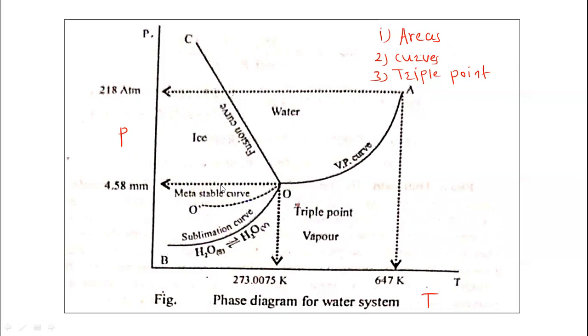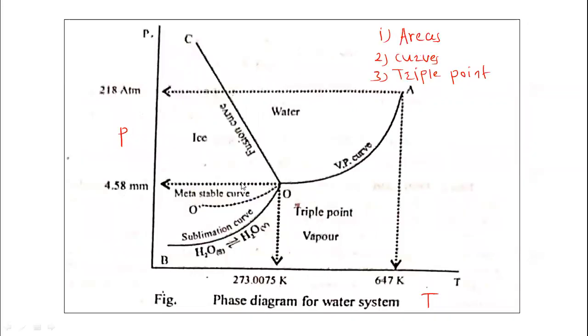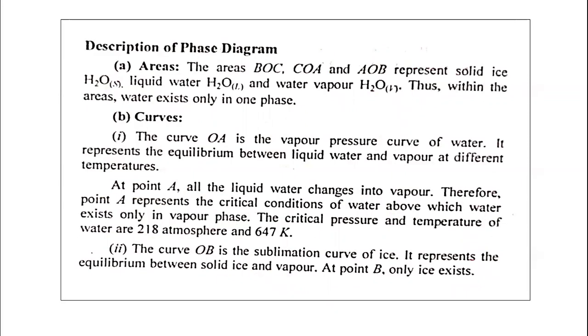So let us see the description of the phase diagram. First, areas. We can see the areas BOC, COA, and AOB. Area BOC represents solid ice, area COA represents liquid water, and area BOA or AOB represents vapor water.